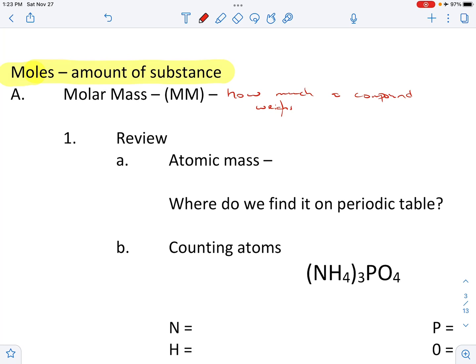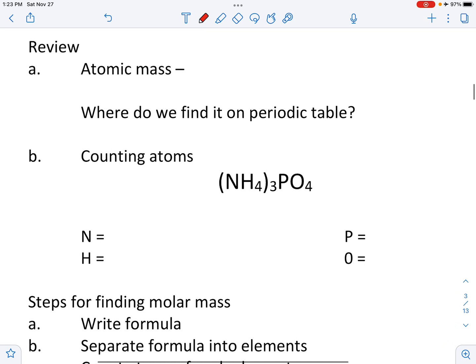So some background information. We're going to be using the atomic masses that are found on our periodic table. So if you don't have your periodic table handy, go ahead and hit pause. Grab that and a calculator because you're going to need both. But atomic mass, remember, is that bottom number on the periodic table. It's also the one that shows us how much an atom weighs.